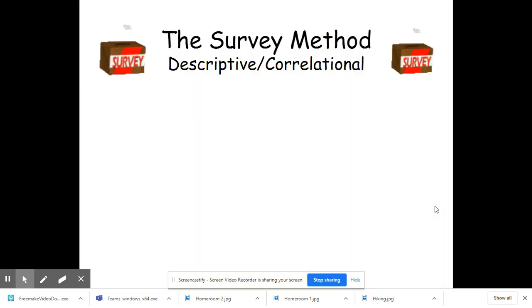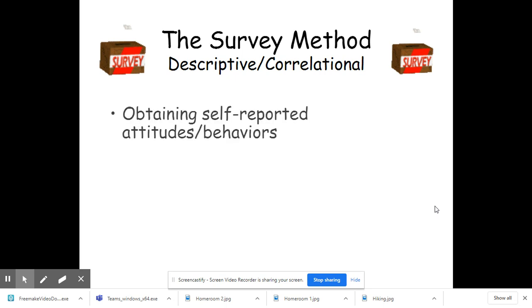And then lastly, one that you all are very familiar with: surveys. Surveys fall into both descriptive and correlational, because I'll explain later when we go over correlation.